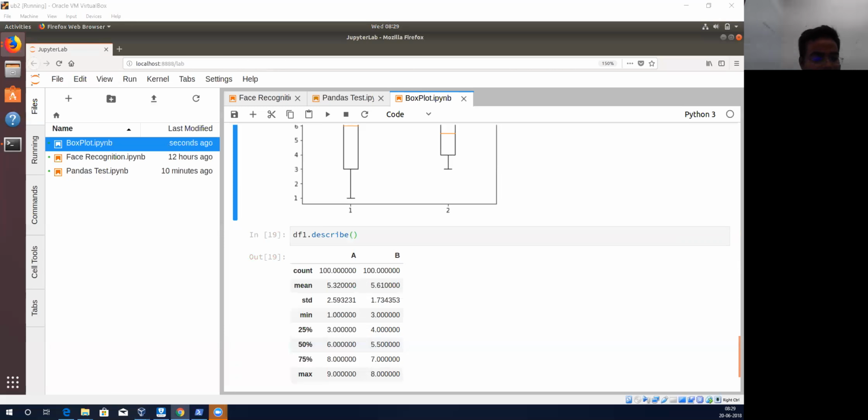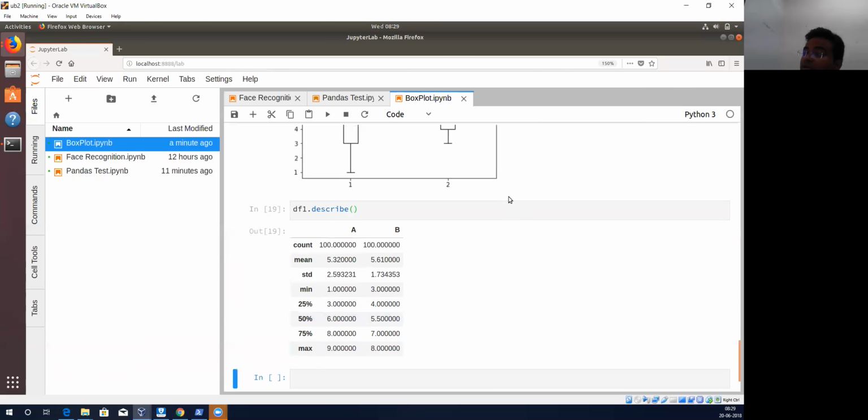I have a doubt. This plot function we can use with Matplotlib, and is there a plot function for Pandas also? Pandas plot function is also there. If you have to use that, I think last time I was using a few of them. Like you can do df1.plot.box.